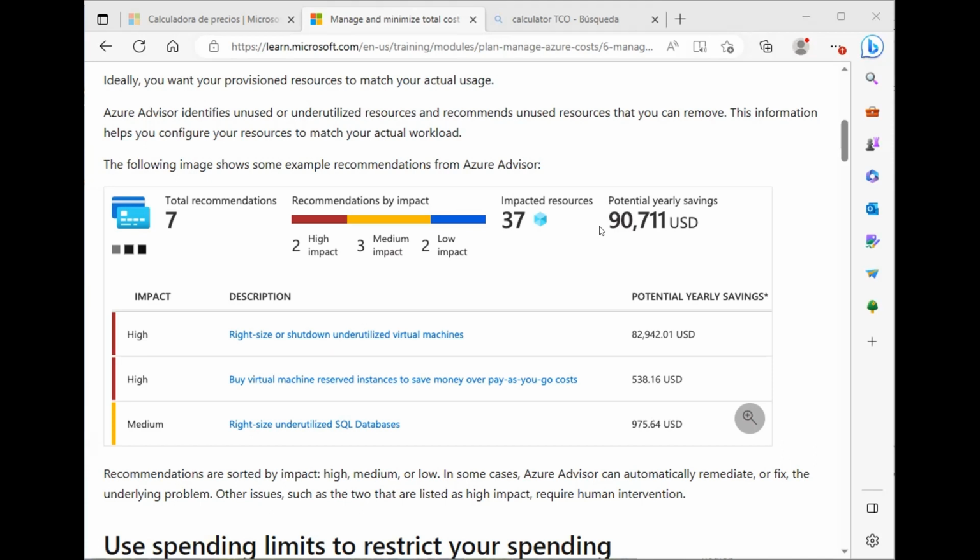High: buy virtual machine reserved instances to save money over pay-as-you-go costs.